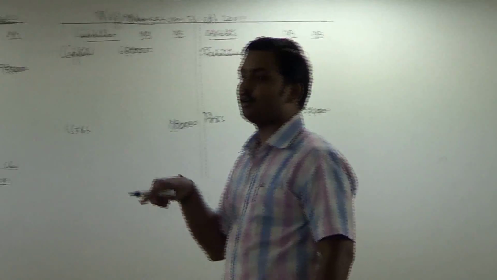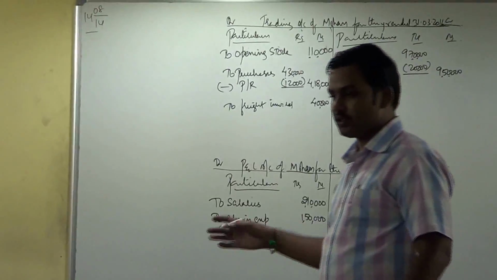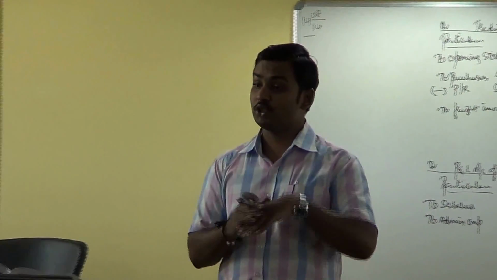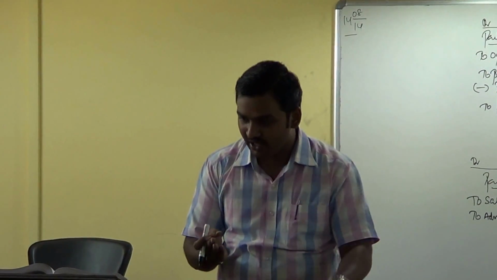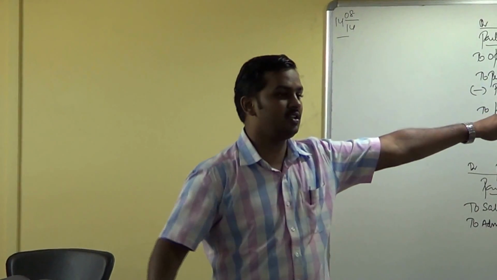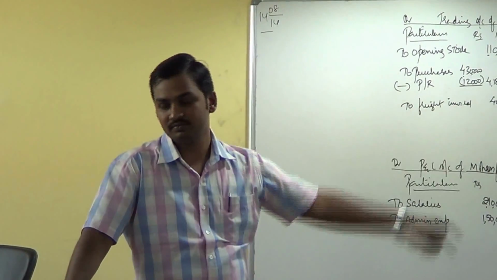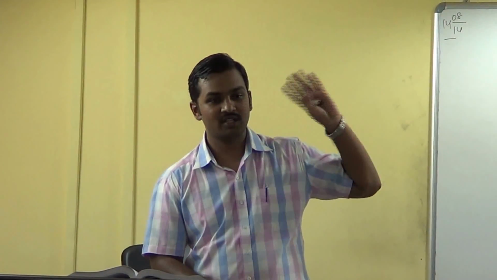Sales account to sales returns. By passing this entry, sales returns account will get closed and sales account will be debited. But sales account normally shows a credit balance. If you debit sales account, balance will reduce. Hence we are showing it as minus from sales. Is it clear? Yes, sir. Next. Even if you don't remember those entries, no problem. Just write minus from purchases, minus from sales.